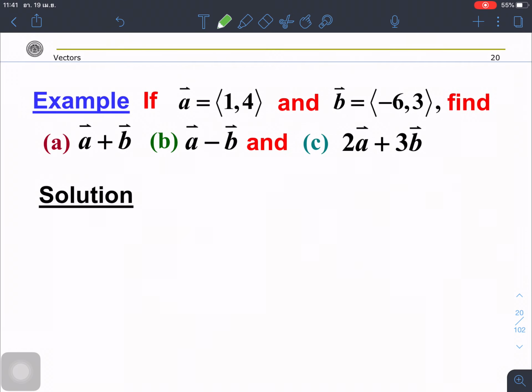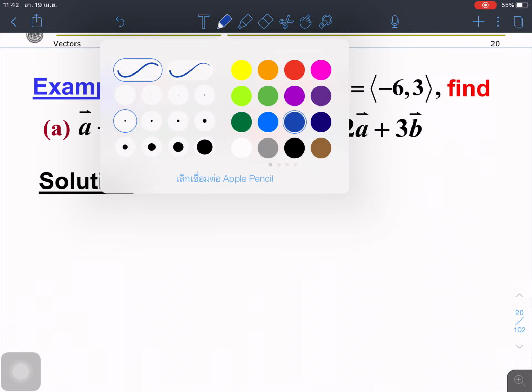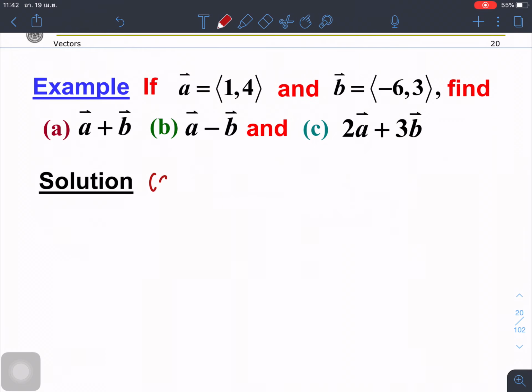Now let's compute this quickly. We have A and B. A is 1, 4, B is negative 6, 3. Then you want to find A plus B, A minus B, and 2A plus 3B. Let's do A first. For A plus B, you do 1 plus negative 6, and then 4 plus 3.